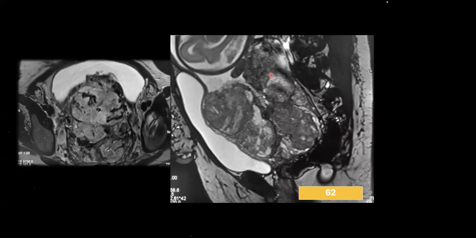Yeah, Rashmi, you're absolutely correct. But no, it's not actually. Is it invading the bladder wall completely? In axial, you can see. So what would it be? In axial, you see it is extending and in fact going into the bladder cavity.